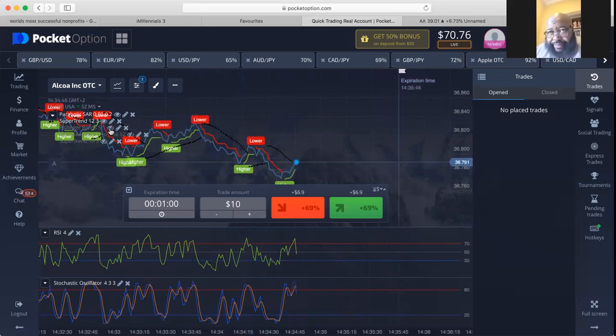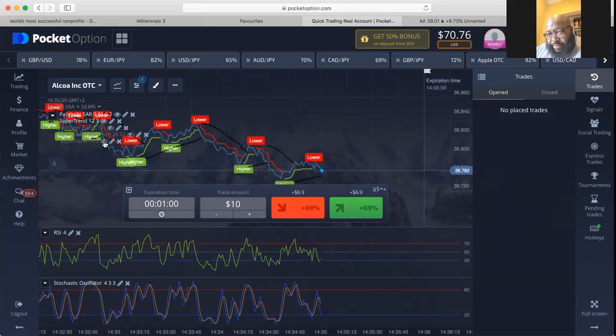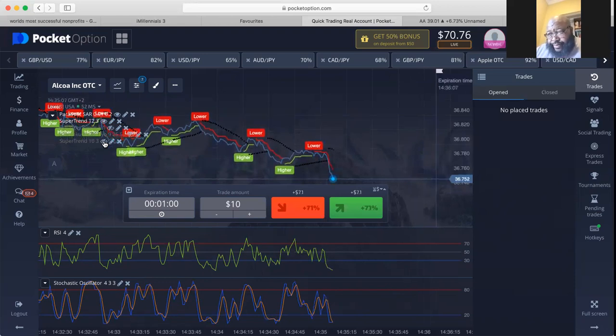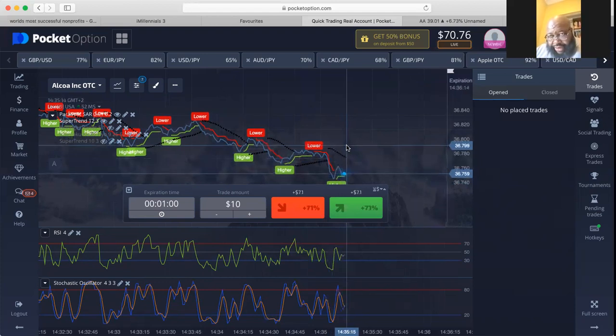Make sure there's no lines on it. Click it one time and then click it again. There's a green line at the bottom. Does it look like mine? No, it just looks like it's sitting there.